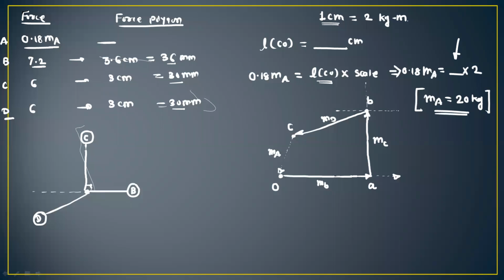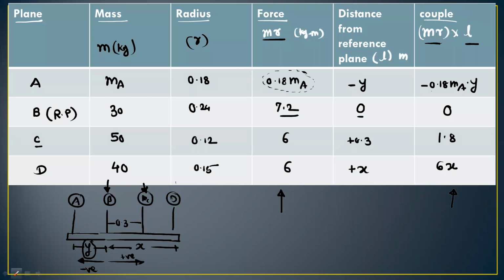Put this value in terms of centimeter. That is the length of sieve. Okay. So once you get the value of mass A, that is 20 kg, in this table, put the value of MA in the couple column.